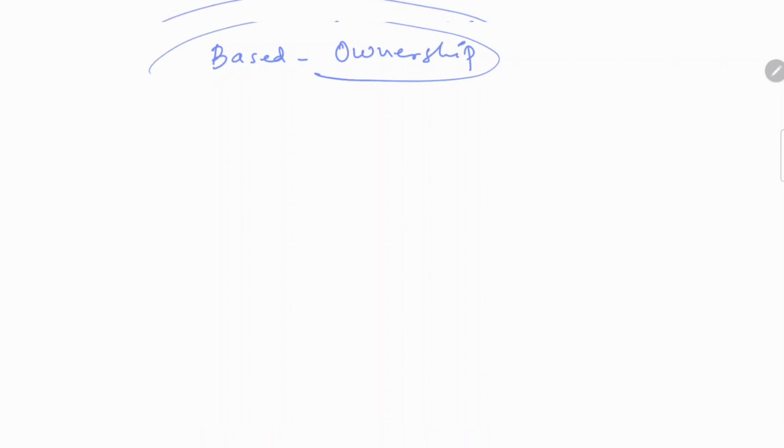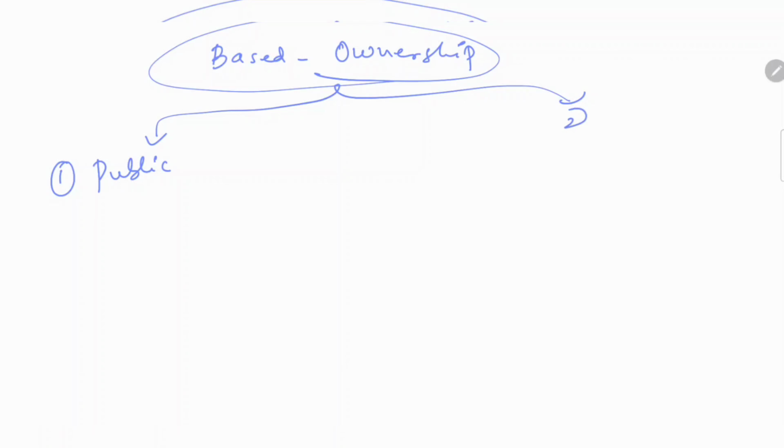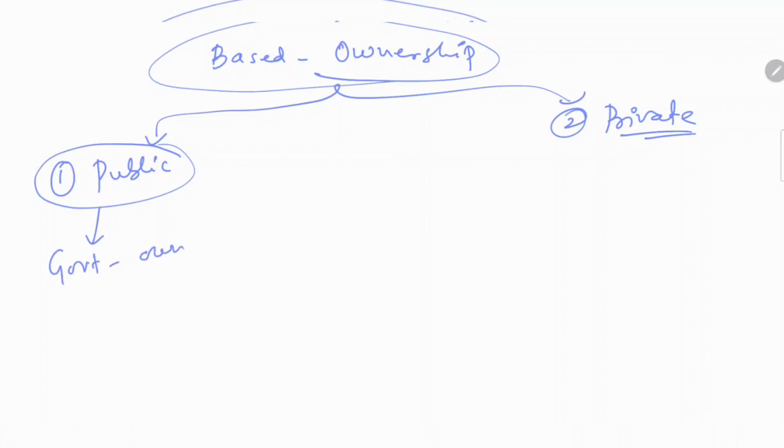And the third category of the activities is based on ownership. So ownership: who is owning the particular activity? Firstly it can be public owned, and secondly it can be private owned. In the public owned sector, the government will own the assets, and it provides services.